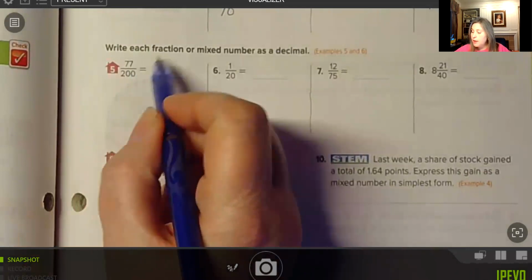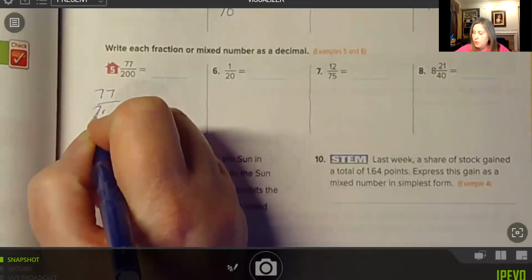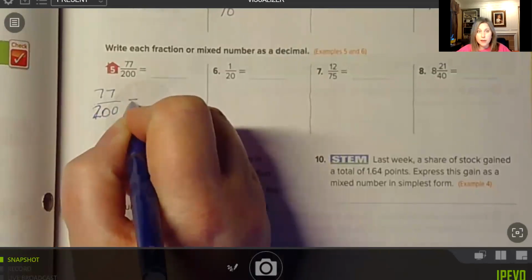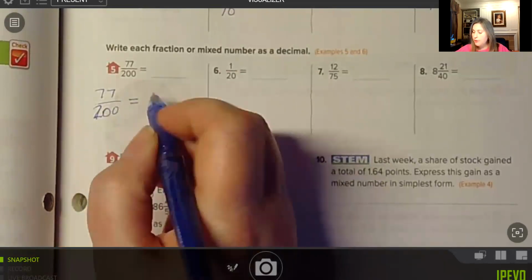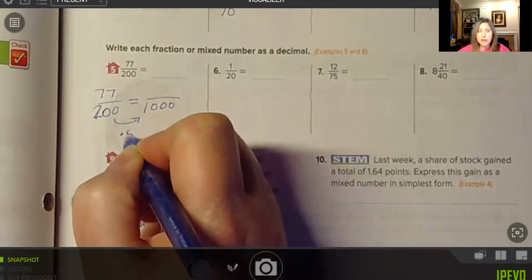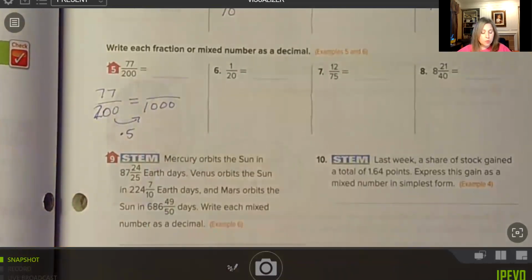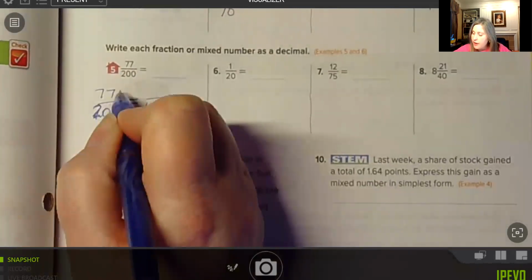So instead, we're going to scale 77/200ths up to thousandths, because 200 times 5 will give us 1,000. That's pretty easy to do. I can multiply by 5 to get to 1,000. And whatever I do in the denominator, I also need to do in the numerator. So I can do 77 times 5.